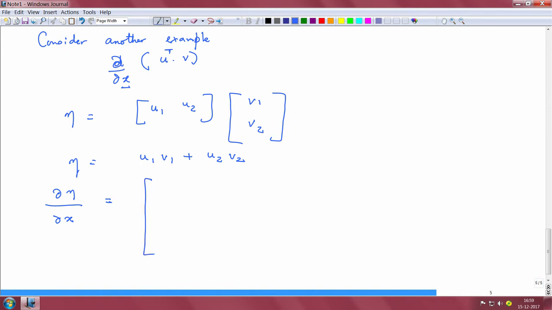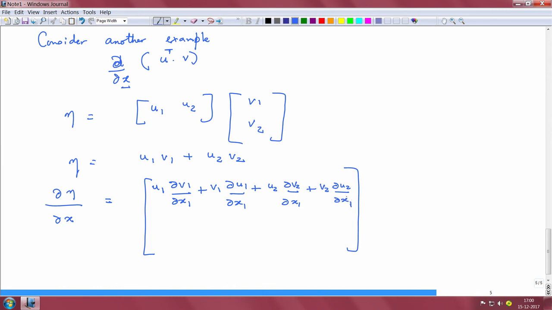you will end up with the chain rule as follows. So it is u1 ∂v1 upon ∂x1 plus v1 ∂u1 upon ∂x1 plus u2 ∂v2 upon ∂x1 plus v2 ∂u2 upon ∂x1.